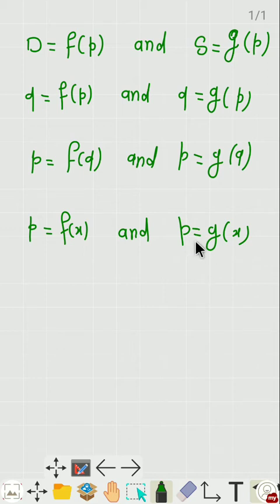Let us now discuss the most critical aspect of the demand and supply functions, and that aspect is the break-even point, or equilibrium point.